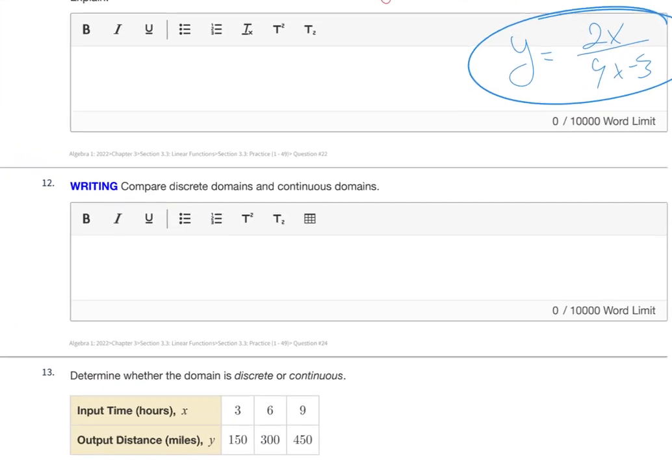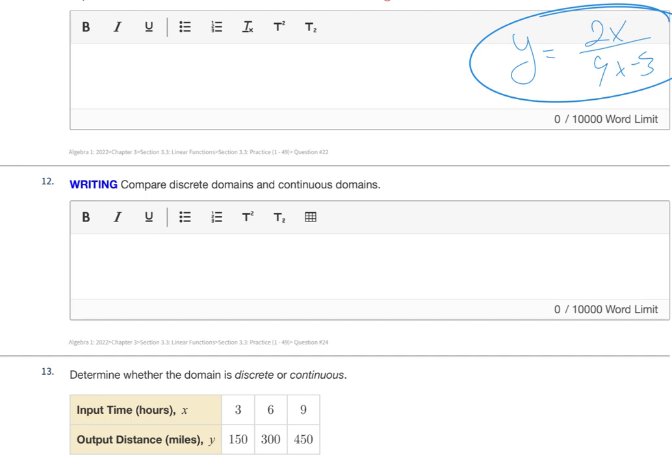Okay. So, compare discrete domains and continuous domains. Discrete domains are going to be like 1, 2, 3. So if we were to discuss a domain for a discrete, it would look like this: 1, 2, 3. It's literal numbers.